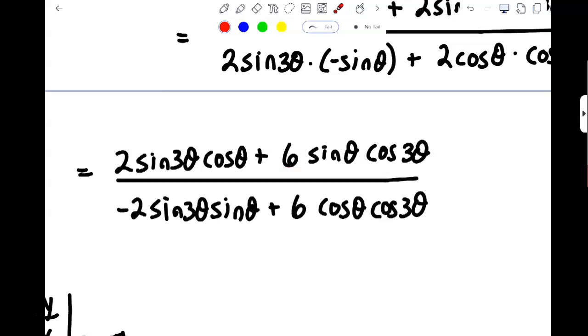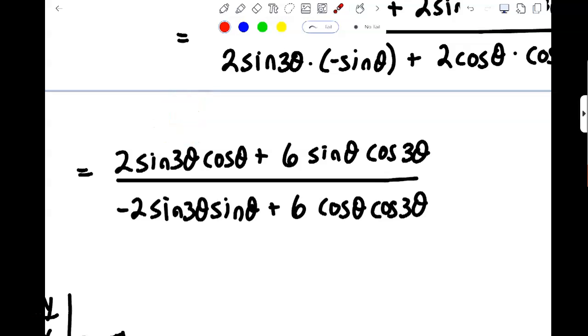Over here, you have 6, sine of pi over 6, which is 1/2, cosine of 3 times pi over 6, which is going to be cosine of pi over 2, which is 0. So that whole term just disappears, and so we're left on top with the square root of 3.